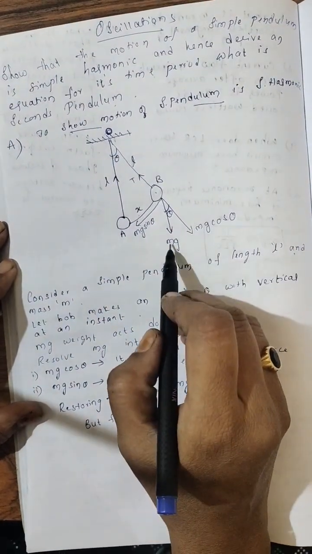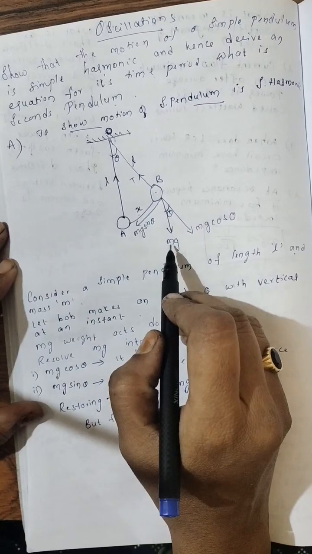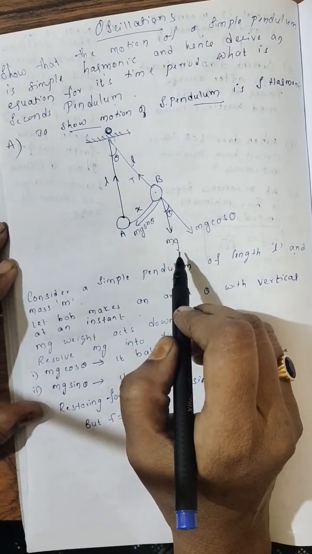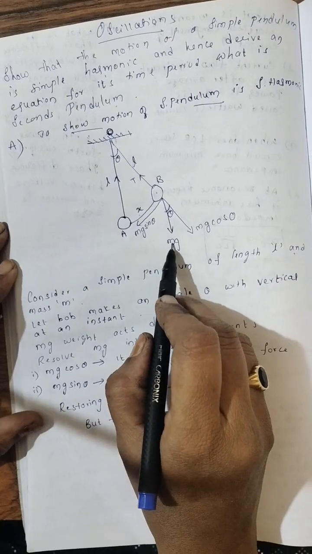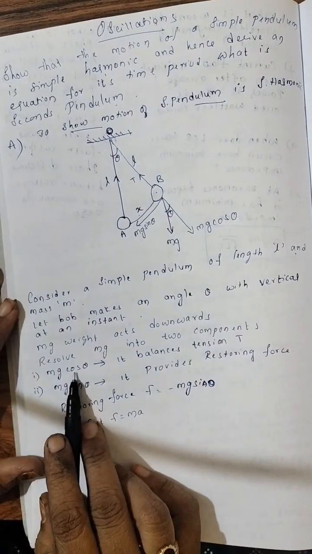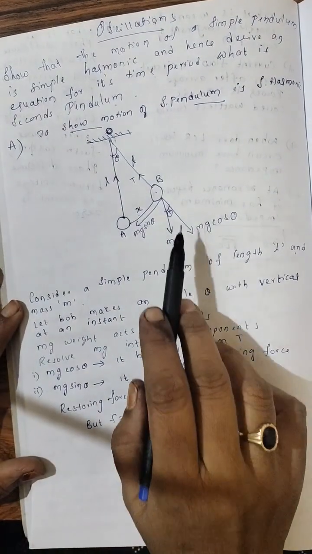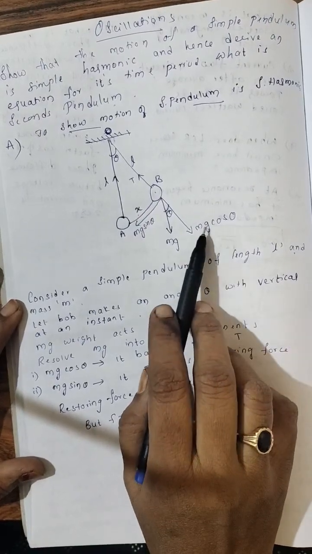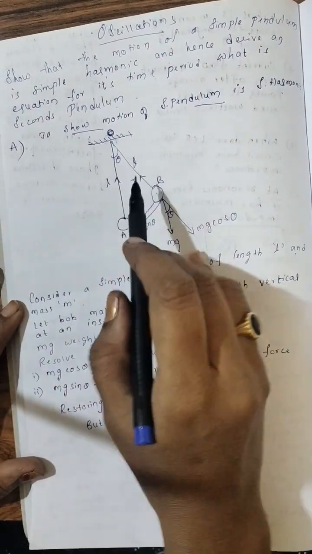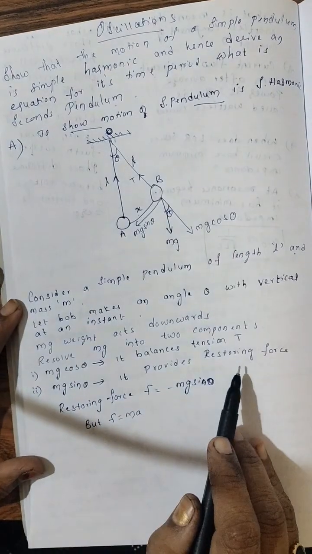Now the weight mg on the bob acts in the downward direction, the gravitational weight. It will be towards the earth. Now resolve mg into two components. One along the string, mg cos theta, and this mg cos theta balances the tension.